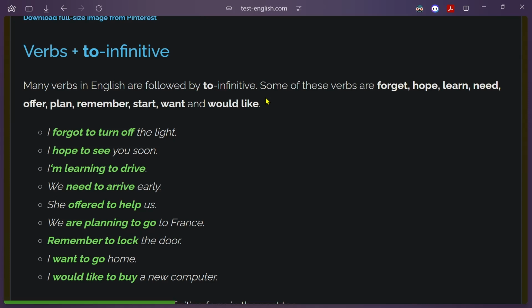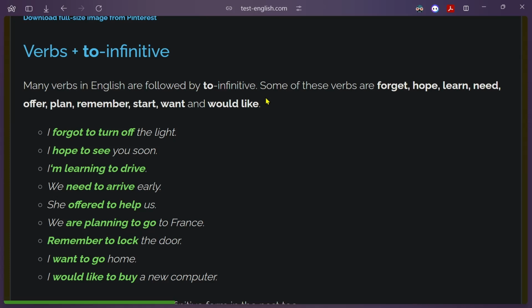If you don't feel it, you should remember this word and then write to after this word. Of course, when you're learning, you don't feel it. You're not going to feel it. But the more you use the language, the more you're going to feel it.